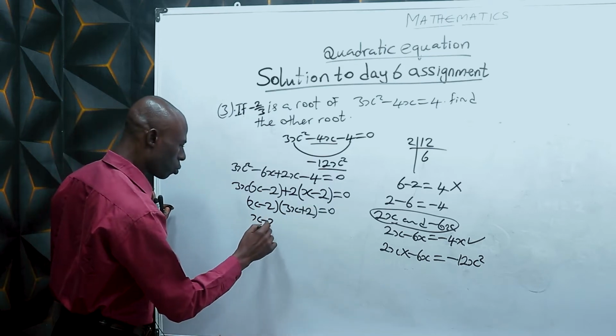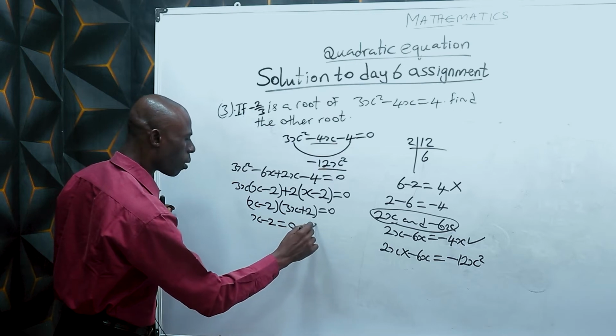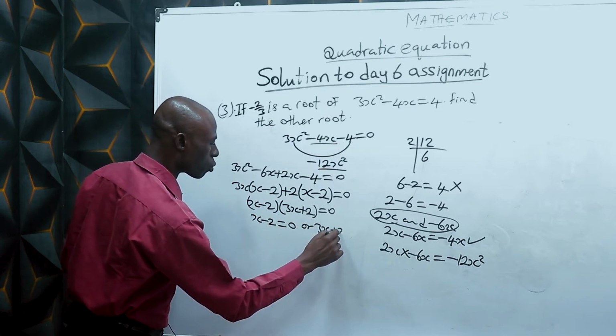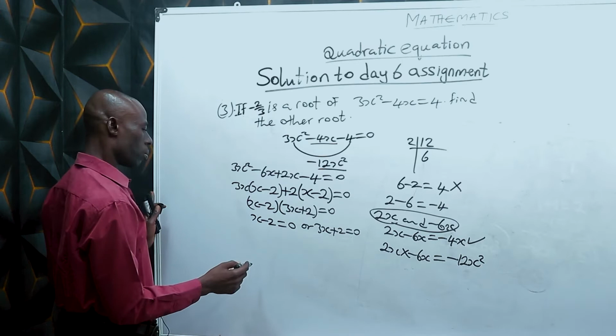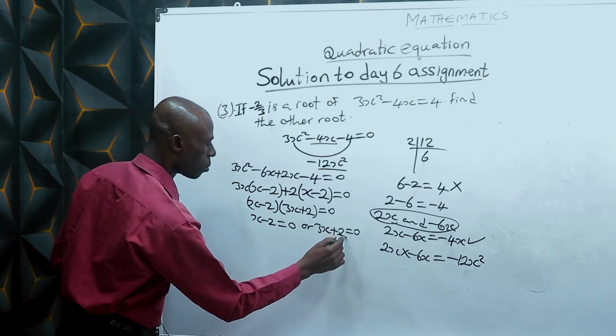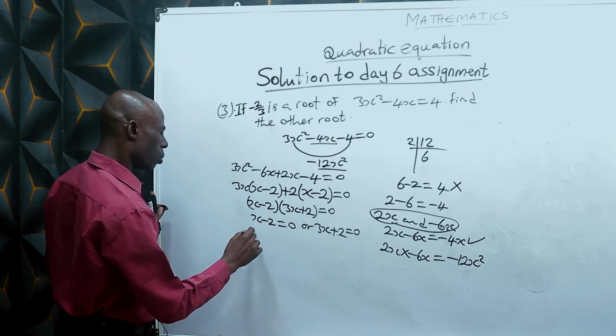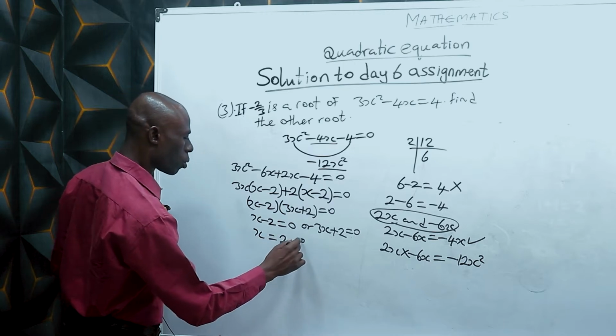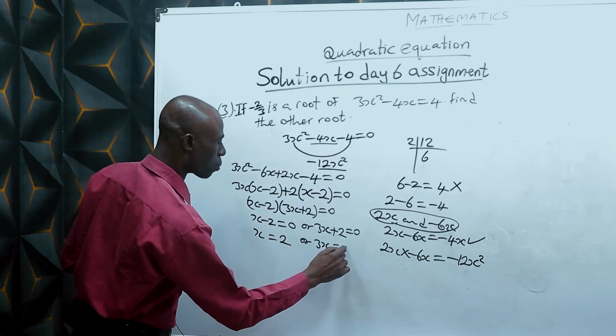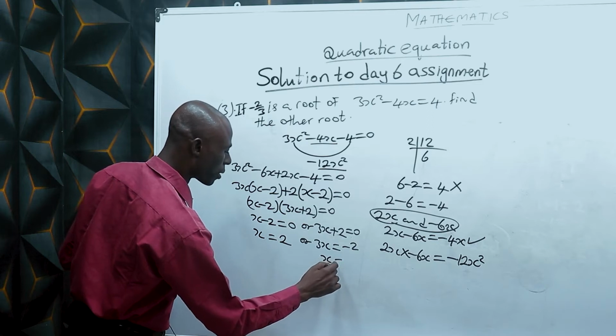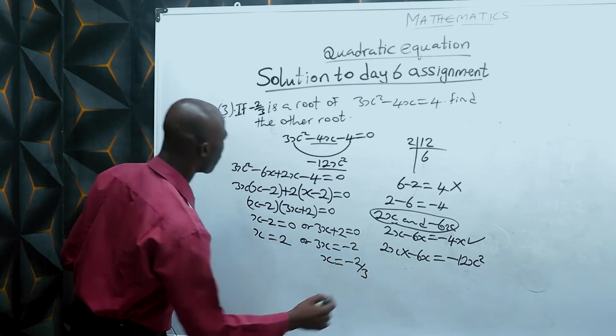So x minus 2 will be equal to 0, or 3x plus 2 equals 0. So x equals 2 or 3x equals minus 2, while x equals minus 2 over 3.